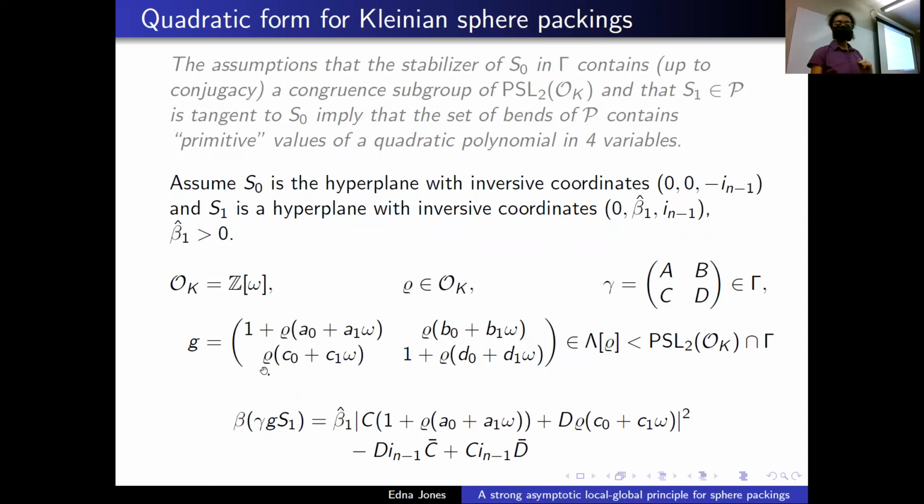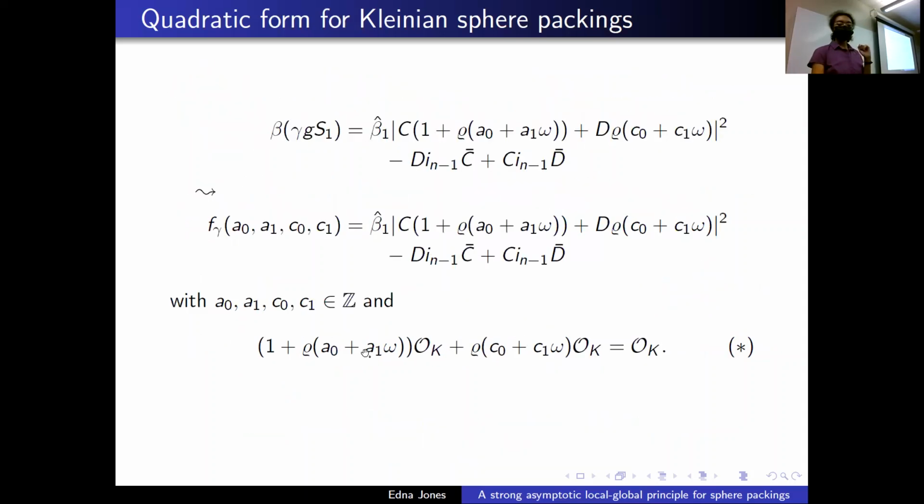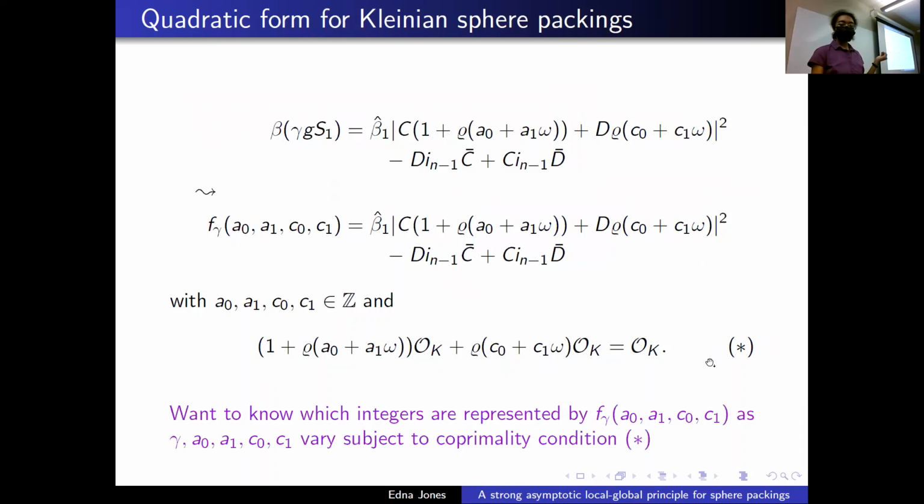So this condition I'm going to call the coprimality condition. And now what I'm interested in is which integers are represented by my quadratic polynomial as gamma, A0, A1, C0, and C1 vary subject to my coprimality condition.